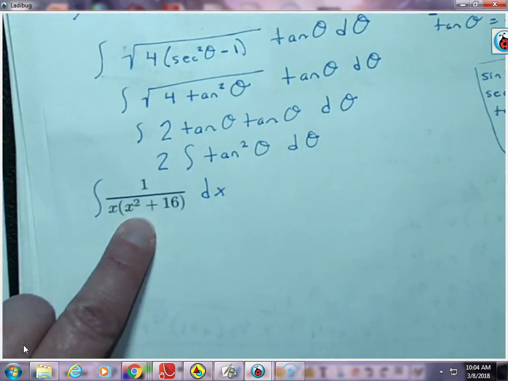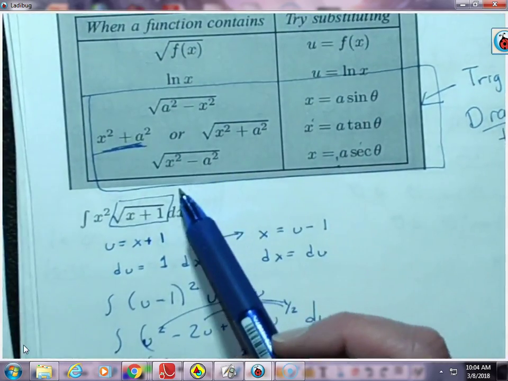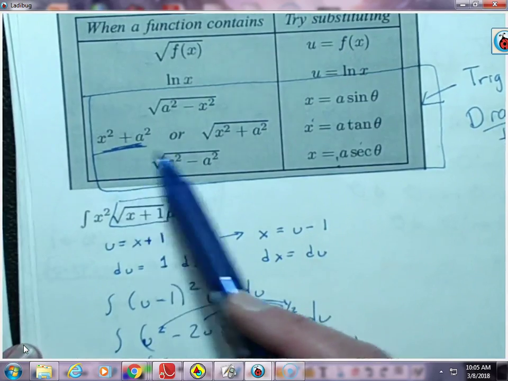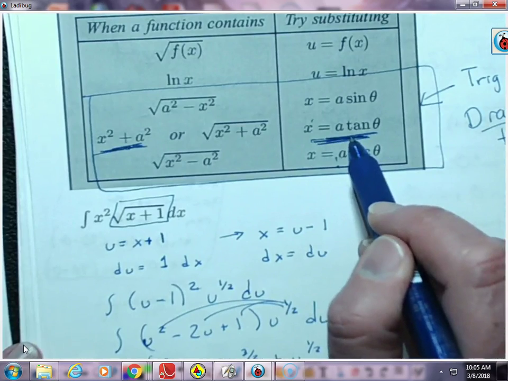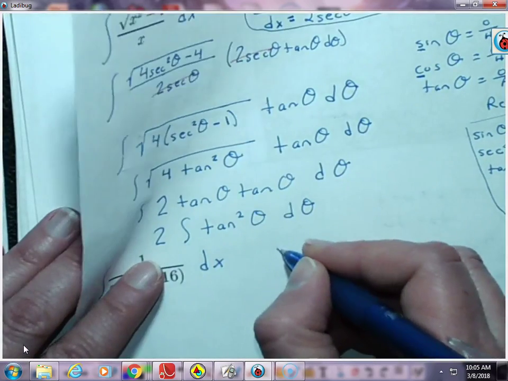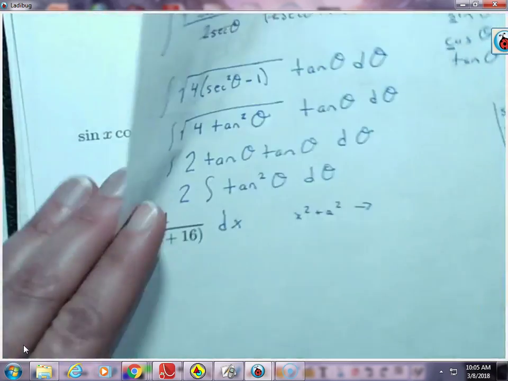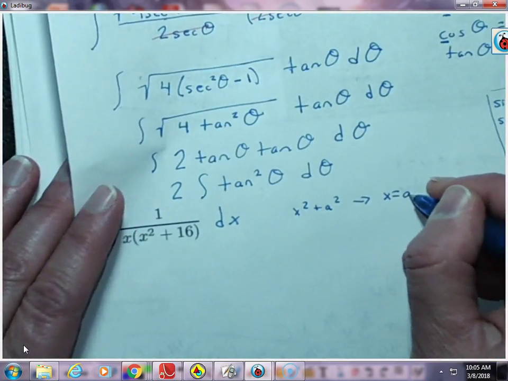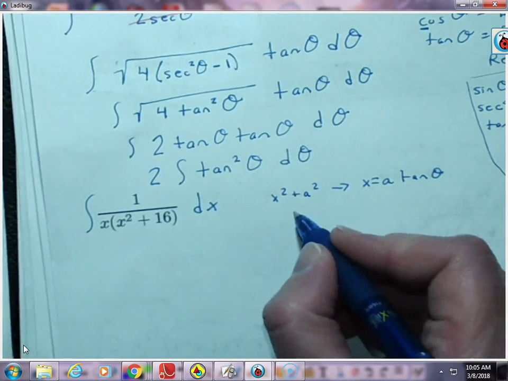Okay, look on your sheet. So take a look at this. See the x squared plus 16? For today, you got to use your little cheat sheet and figure it out. So that kind of looks like this one, right? Again, I'll tell you on the test, but not on the homework. So x squared plus a squared, it says I should do x equals a tan theta. I'm not going to give you a chart.